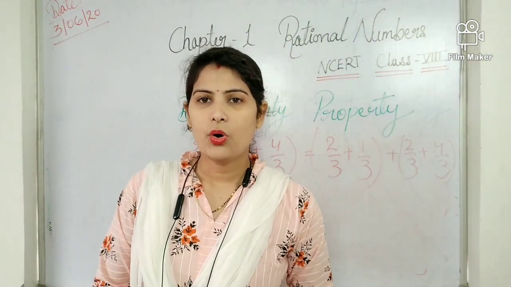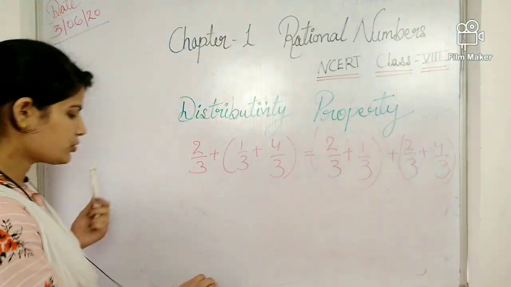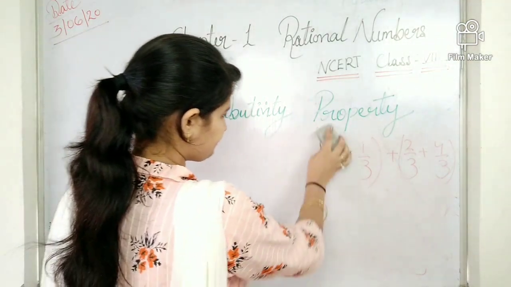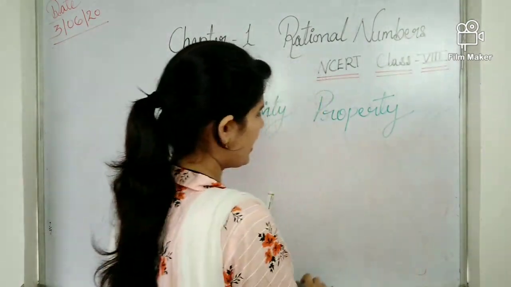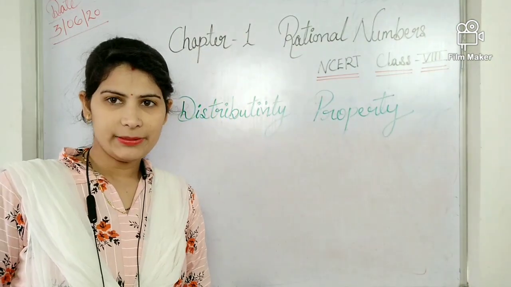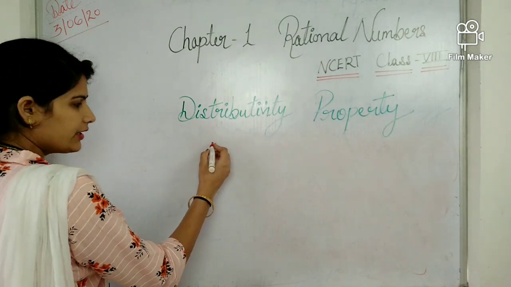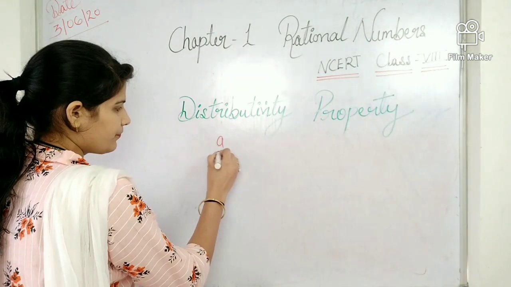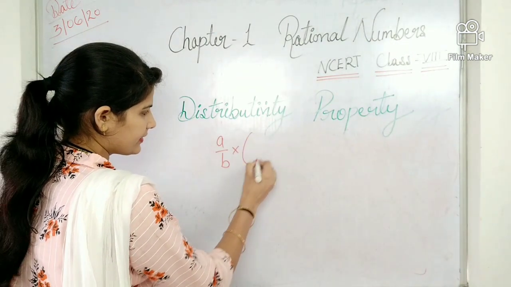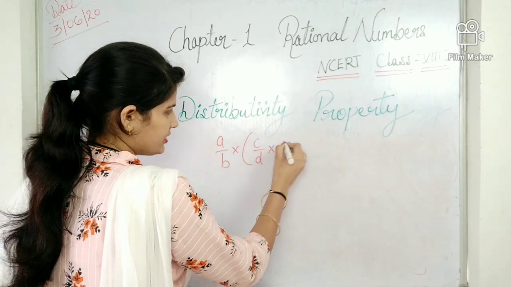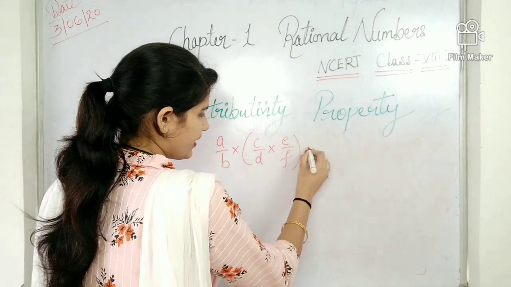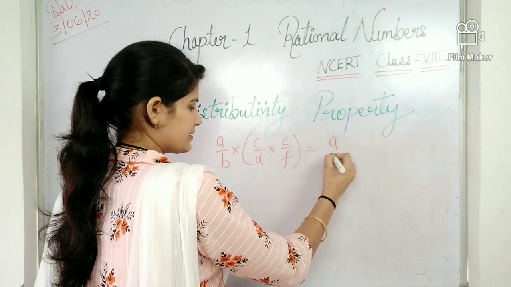Okay, so now let us see the distributive property of multiplication over addition for rational numbers. So this is like this: A upon B multiply by (C upon D plus E upon F).